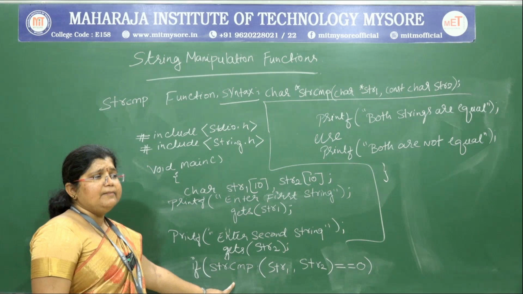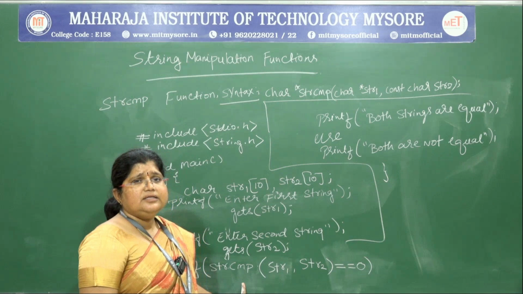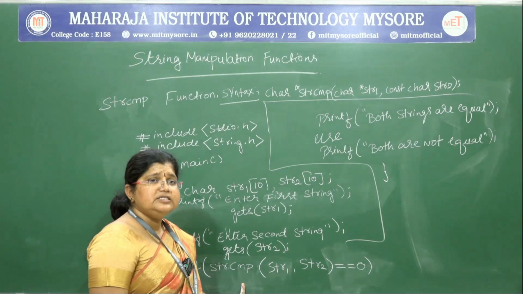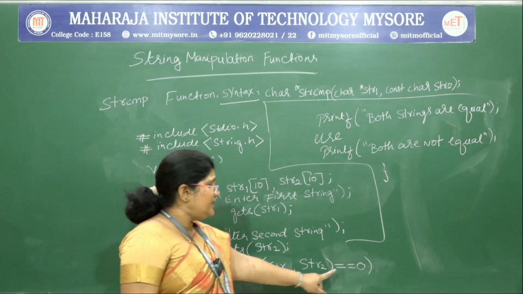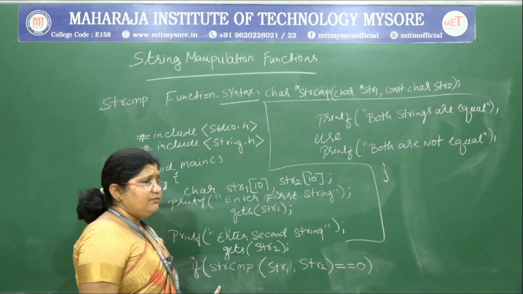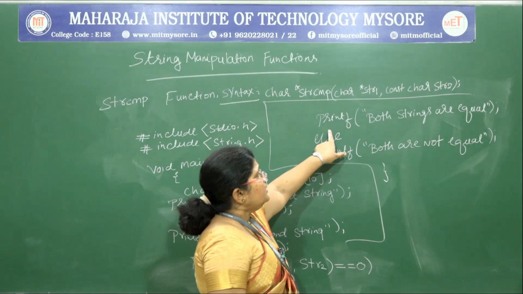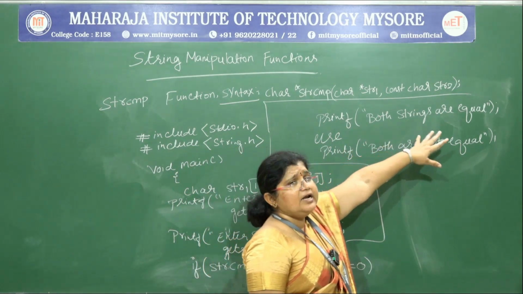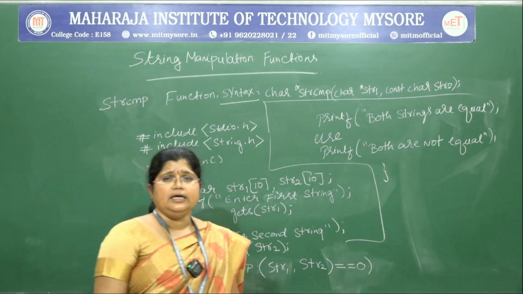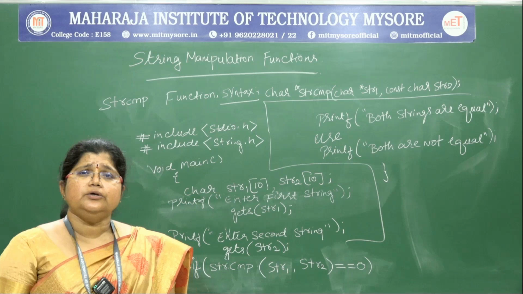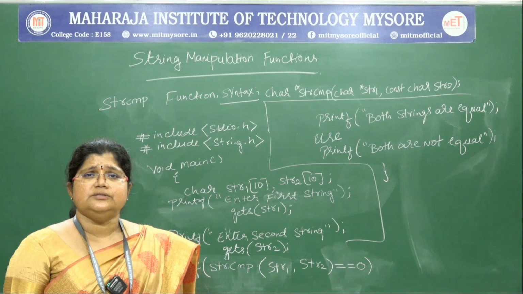After the comparison, this function returns 0 or other values. If both are the same, it returns 0. If it is 0, we display with printf that both strings are equal. If not, the strings are not equal. This is how we use the strcmp function to compare strings.